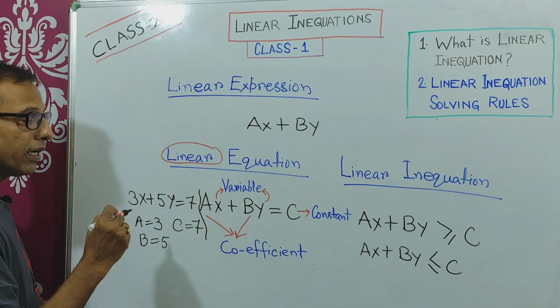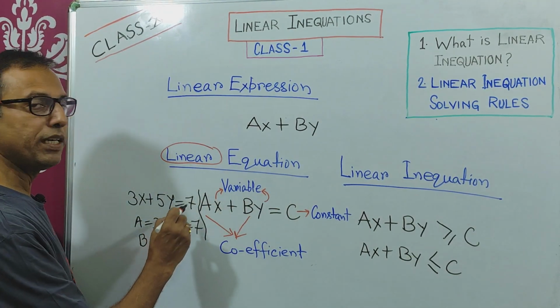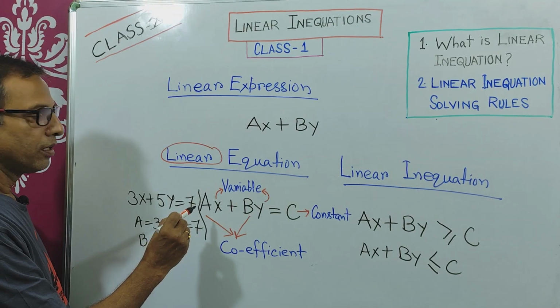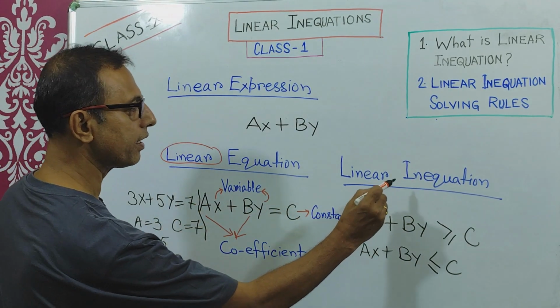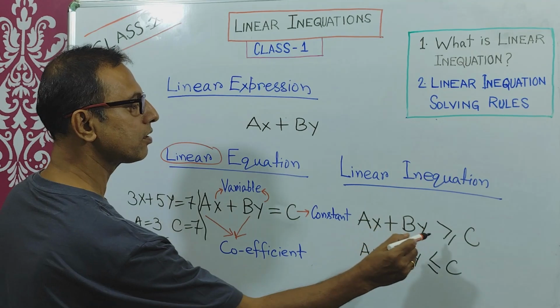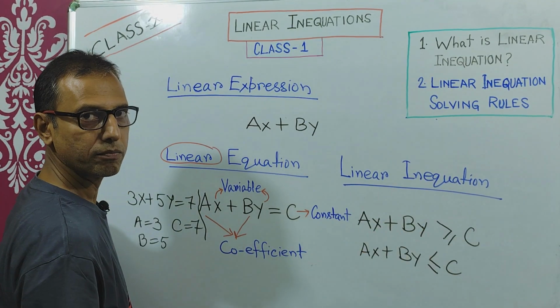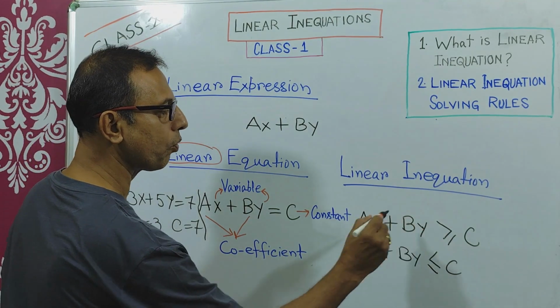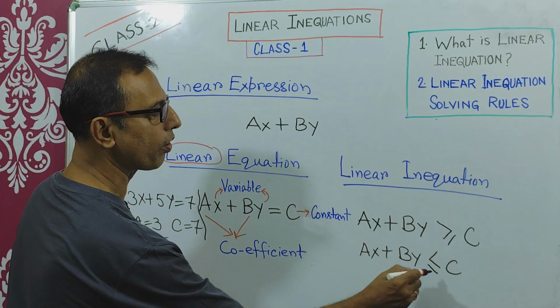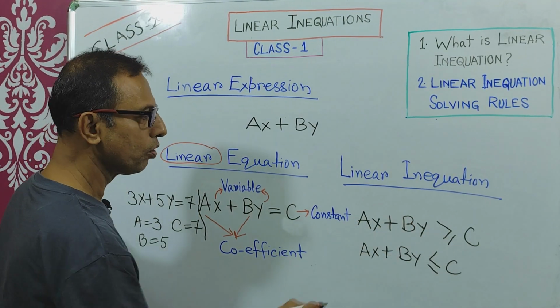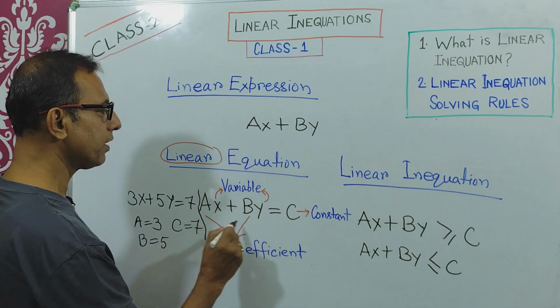Now, so linear, you understand? For an inequation, beyond equal to, there will be greater than or less than. It could be only greater than, only less than, or greater than equals to, or less than equals to. So if it is only equal to, then it is a linear equation.